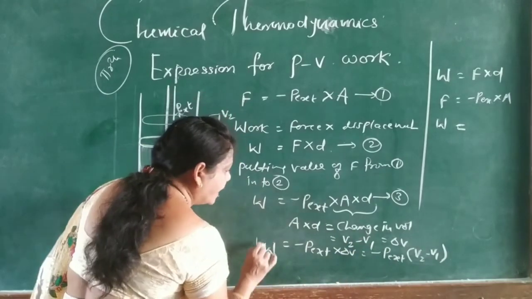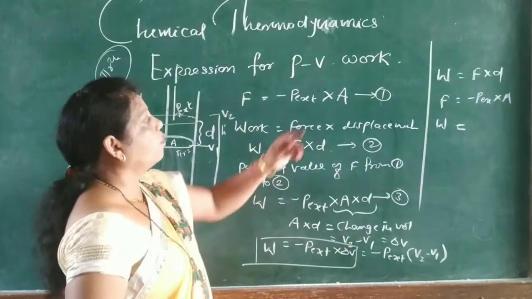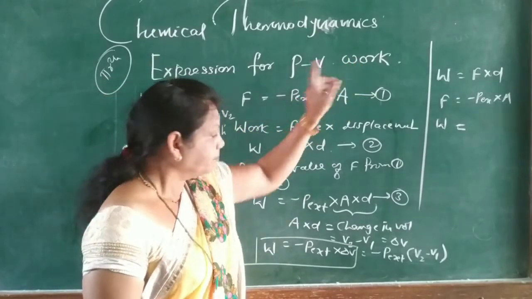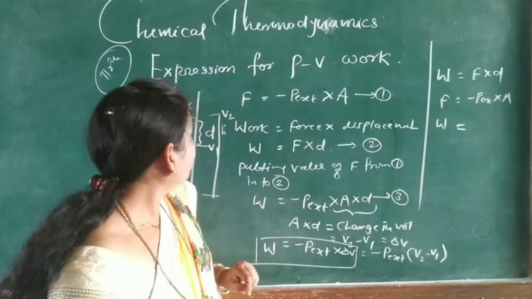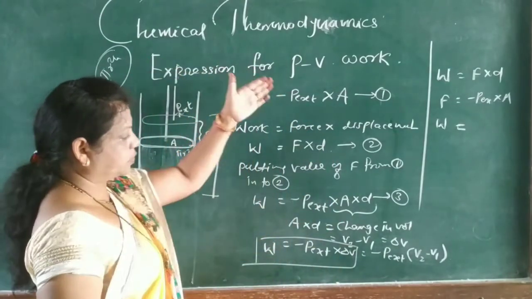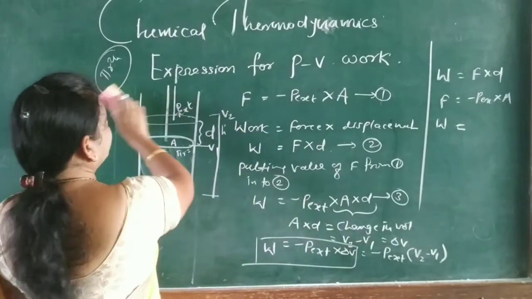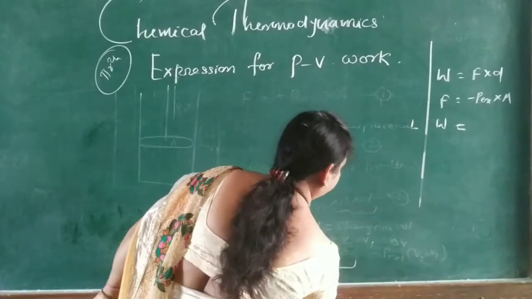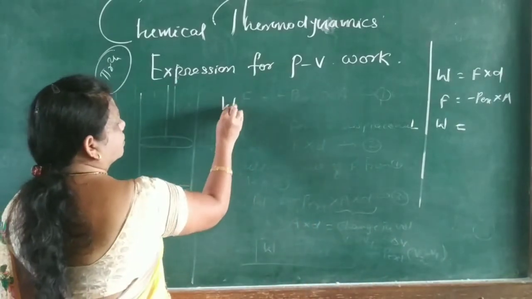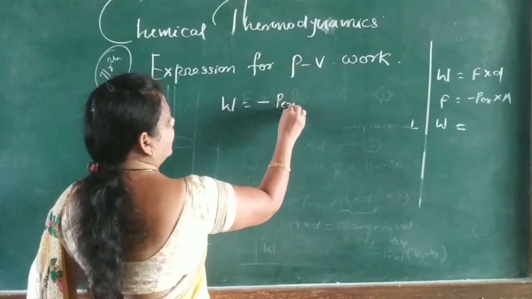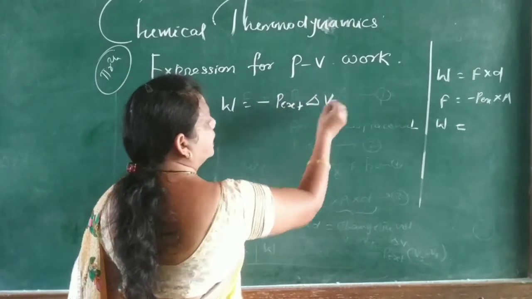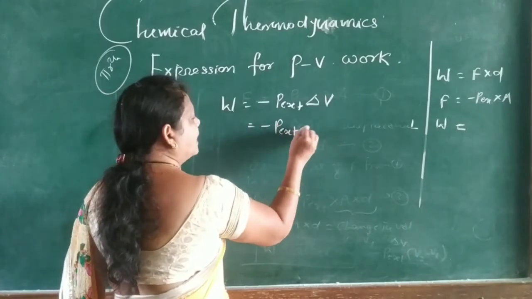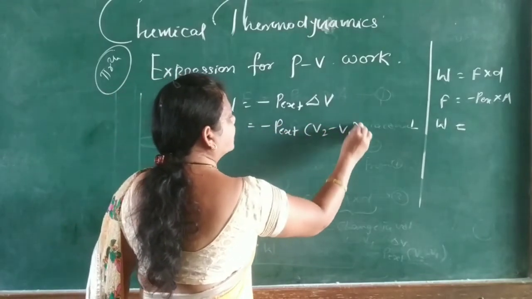This is the expression for work done or pressure-volume work. This is also written as W is equal to minus P external into V2 minus V1.